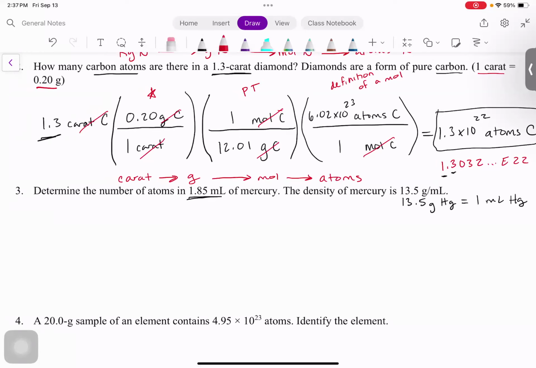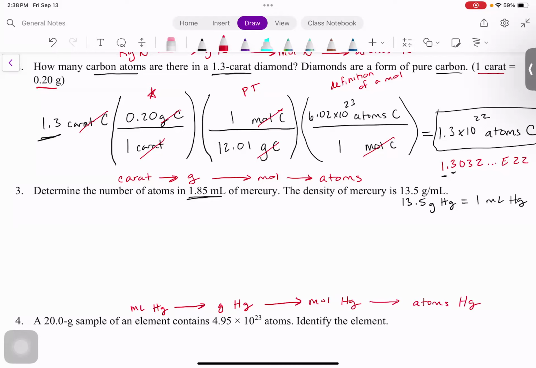So let's map this out. I am given milliliters of mercury. I can convert that to grams of mercury because I have the density. The density allows you to convert between mass and volume. Then I can convert from grams of mercury into moles of mercury because my target is atoms of mercury.